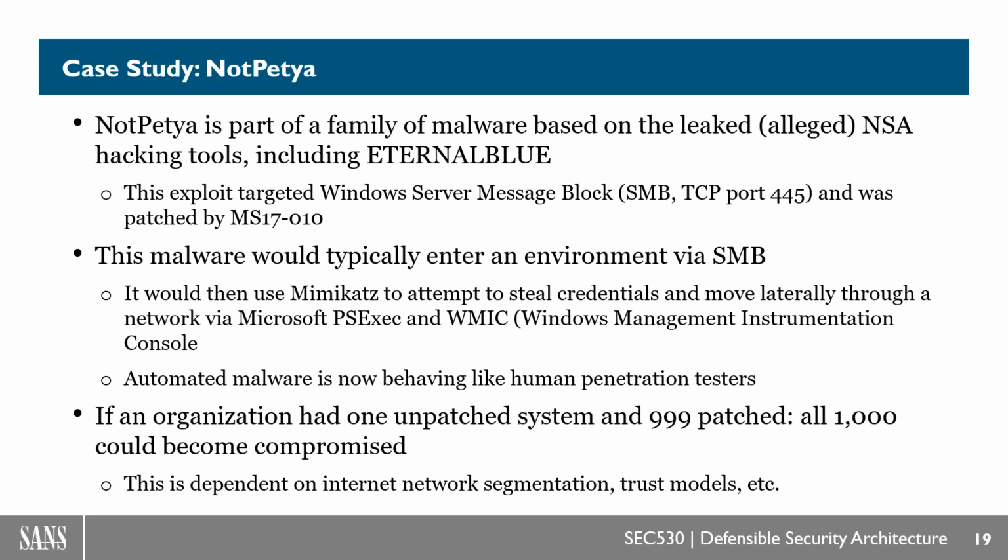So now there are automated attacks, malware, that work the same way our pen testers do, meaning old school defenses like firewalls and even web application firewalls, which, by the way, huge fan of those, but still, all these techniques against trust versus untrusted networks, all of a sudden, they don't look so effective. All of a sudden, a single machine getting compromised can lead to thousands of machines being compromised.